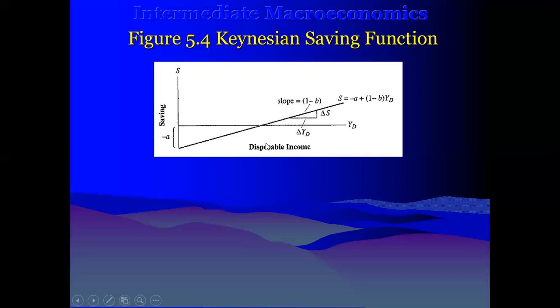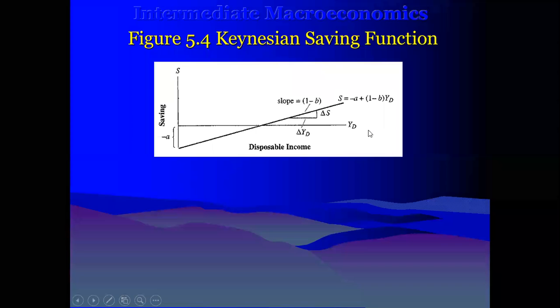As your disposable income is increasing, your level of savings too will start to increase. So this is the graph of the savings function. And then the change in S over the change in YD is our marginal propensity to save, which is one minus the marginal propensity to consume.